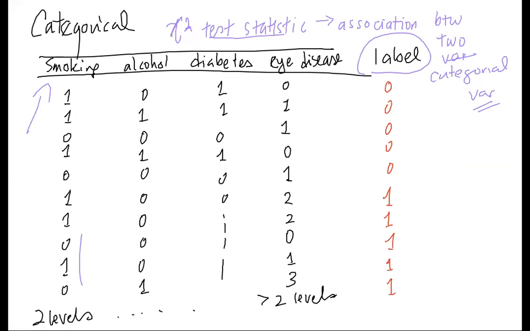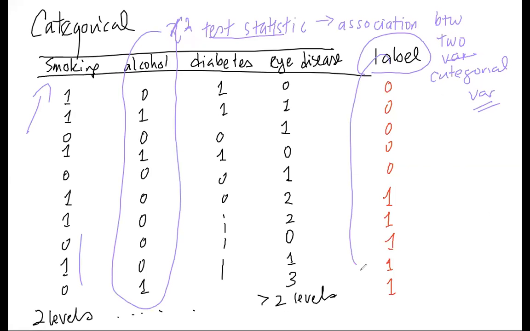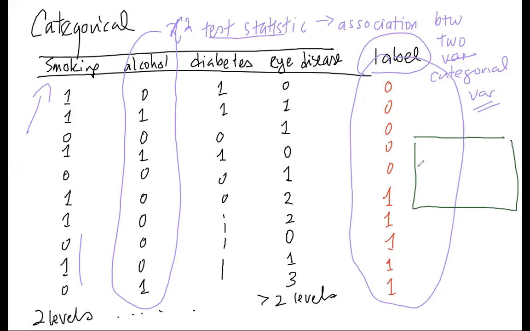The first thing it does is, let's say you look at alcohol and label. You will tabulate, so you basically have a table. This is what we call a contingency table, a two by two contingency table. 0, 1, let's say this part is for alcohol and this part is for label.